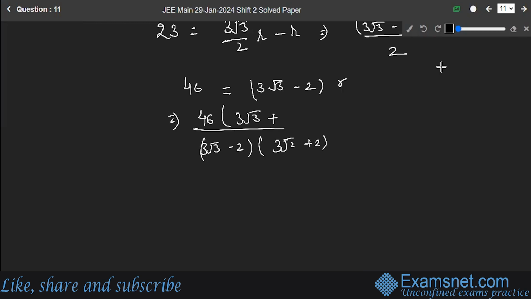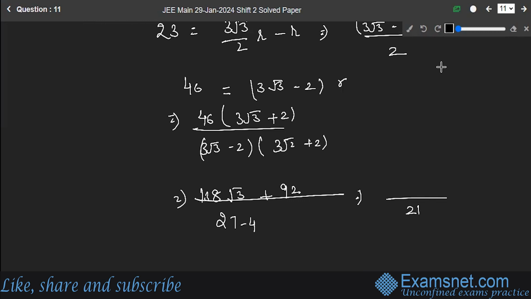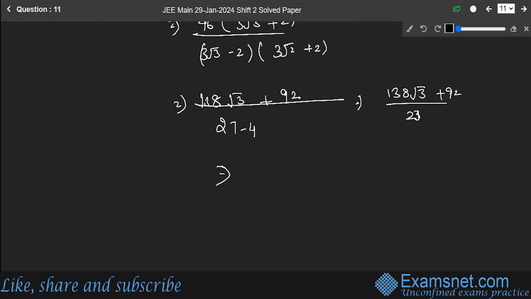Multiply by 3 root 3 plus 2: 138 root 3 plus 92, whole divided by 3 square, 27, minus 4, so you will have this as 23. Now on division, this will give me 4 plus 6 root 3.